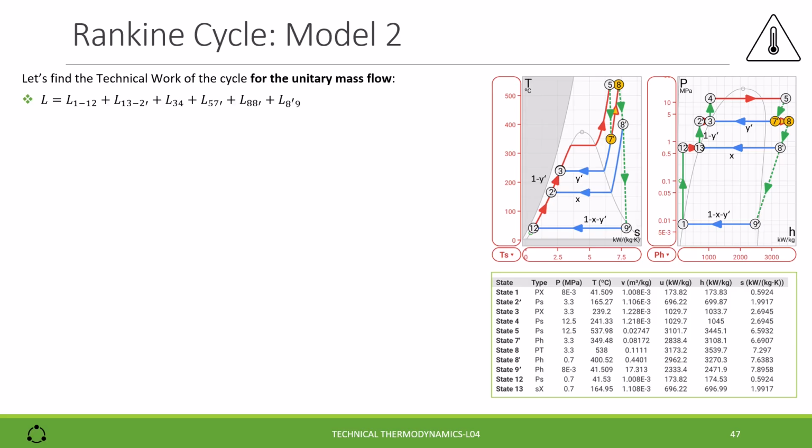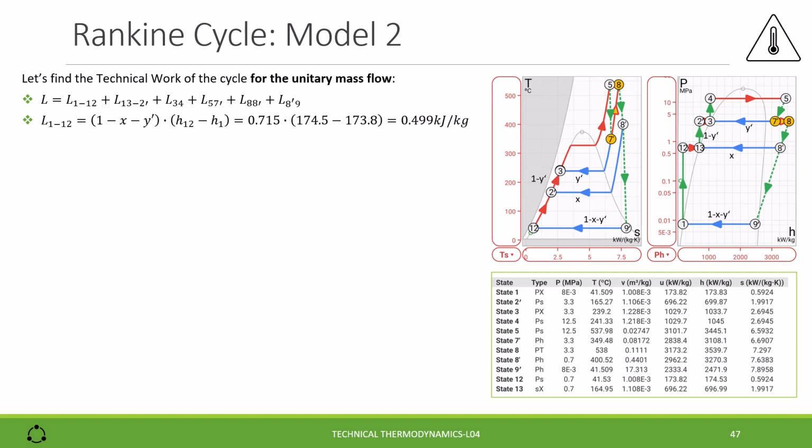Let's find the technical work of the cycle for the unitary mass flow. The work is the sum of the 3 compression works 1,12, 13,2 prime, 3,4 and the 3 expansion works 5,7 prime, 8, 8 prime and 8 prime 9.